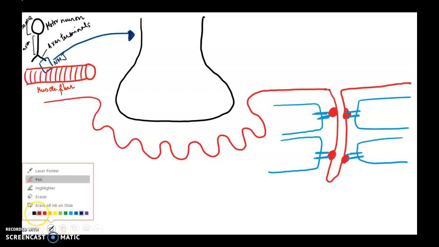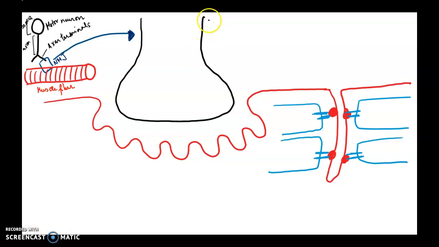Okay, so this is the axon terminal. Within the axon terminal, we have specific vesicles, and these vesicles are called synaptic vesicles.